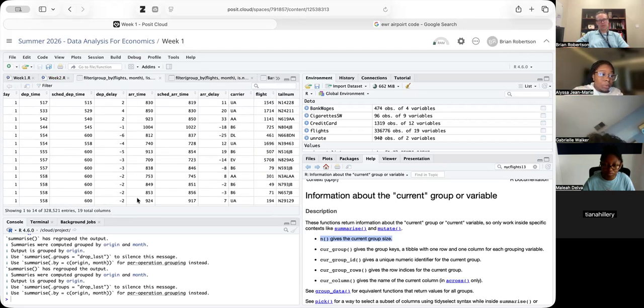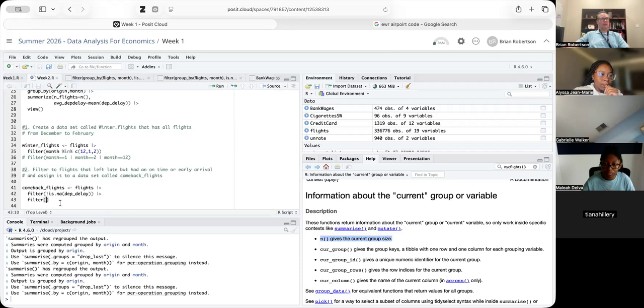So I don't want any negatives. I only want the positive. So I want departure delay is greater than 0, right? So they left late. We're going to be very strict about this. I want them to have left late.